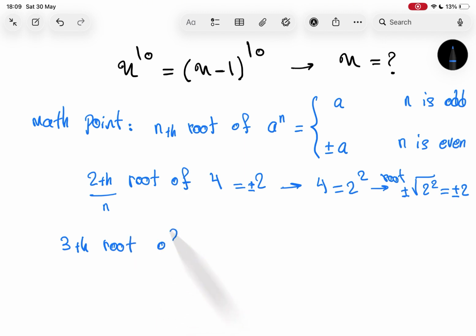For example, the cube root of 8. Since 8 is equal to 2 to the power of 3, the cube root of 2 to the power of 3 is simply equal to 2. So, we have the cube root of 8 is equal to 2.